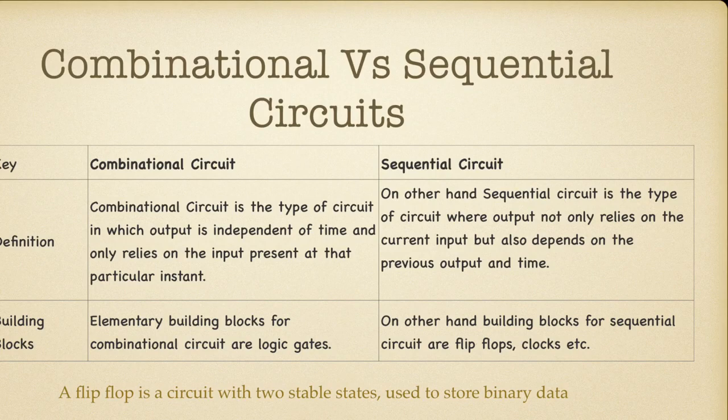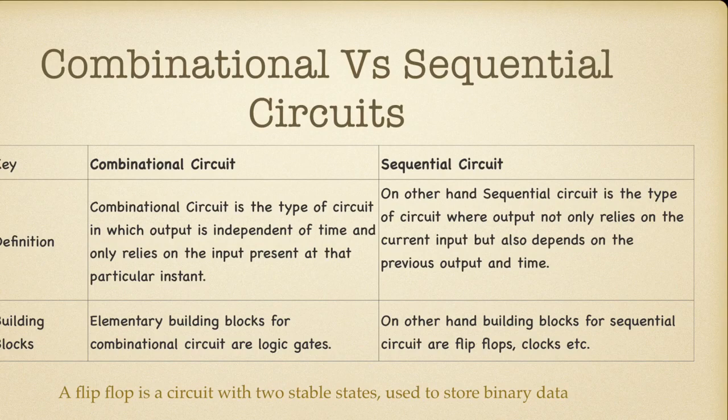On the other hand, a sequential circuit is a type of circuit where output not only relies on the current input but also depends on the previous output and time. Elementary building blocks for combinational circuits are logic gates.